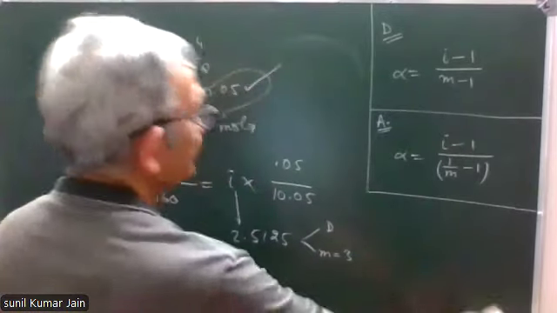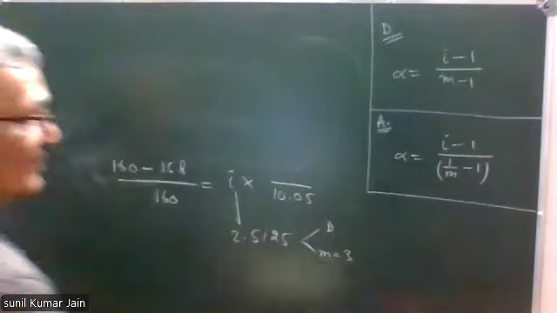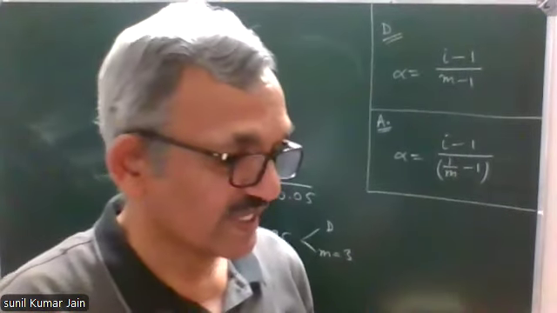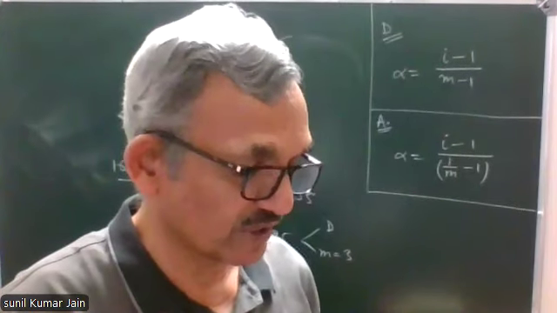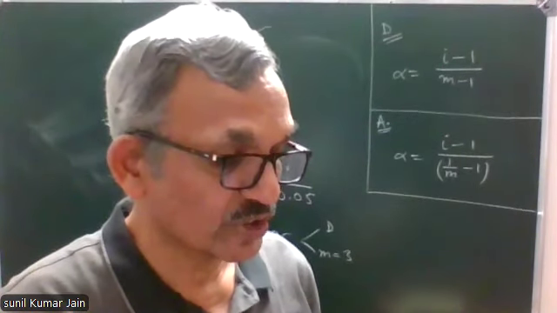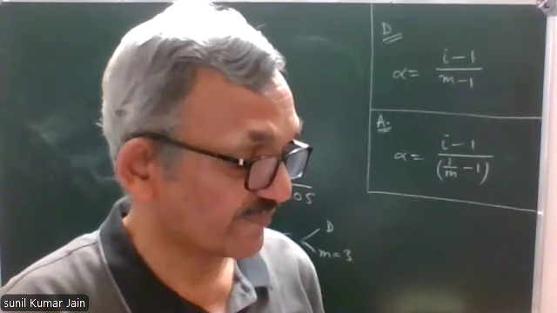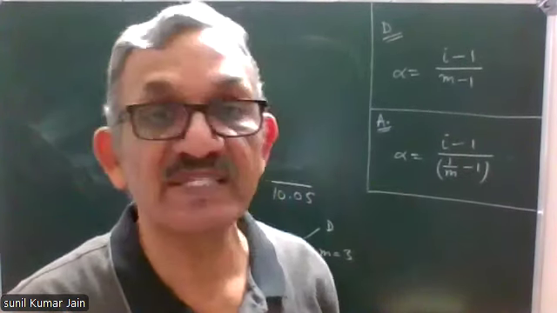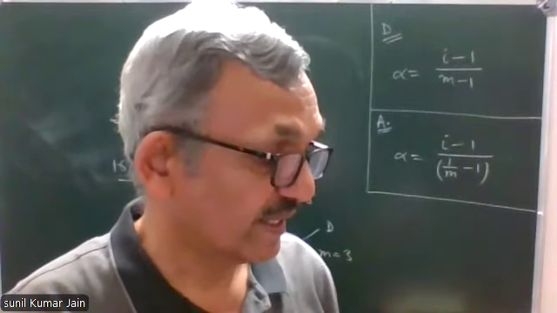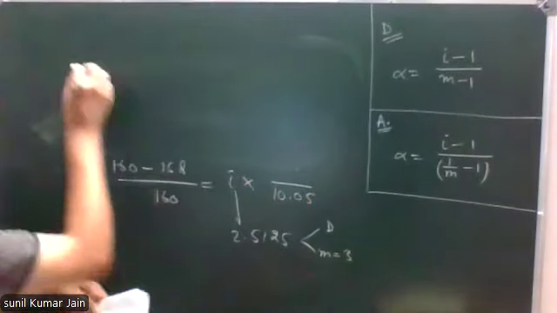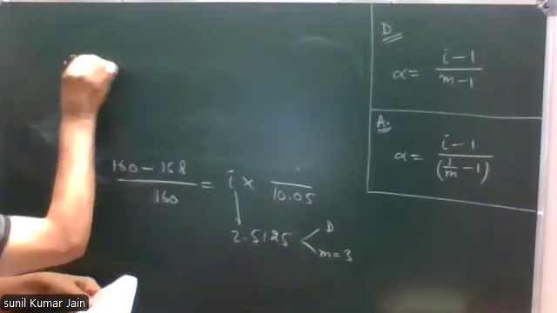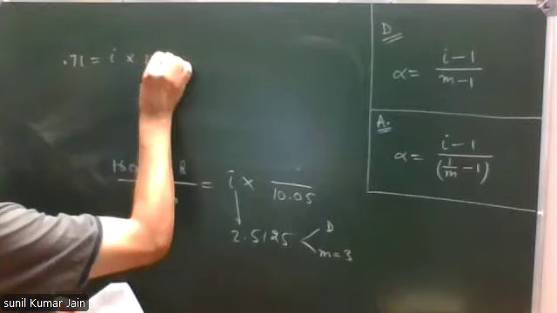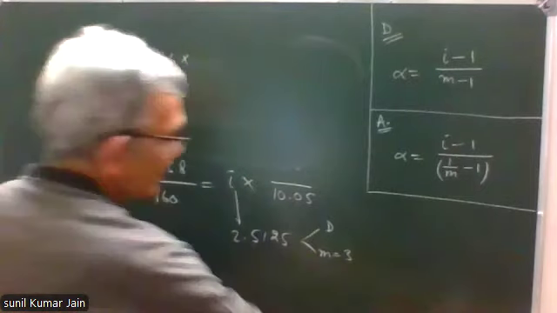Numerical number 7. 10 cc of acetic acid, density this much, is dissolved in 800 grams of water. Calculate degree of dissociation of acid. If the freezing point is minus 0.71, it means depression is 0.71, Kf is given. So depression 0.71 is equal to I, Kf 1.86 into molality.